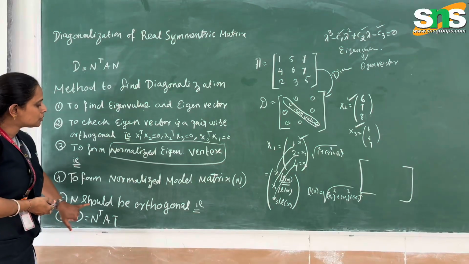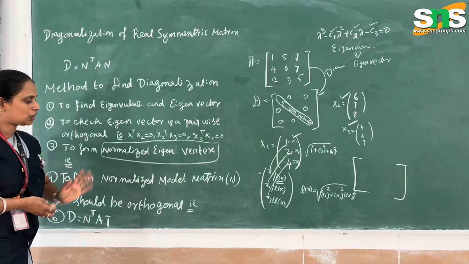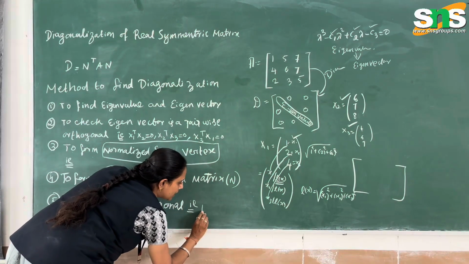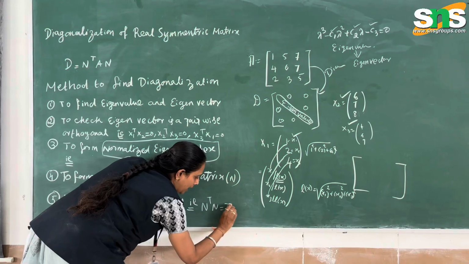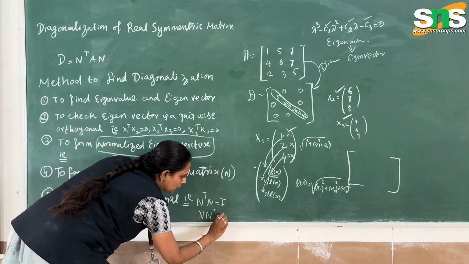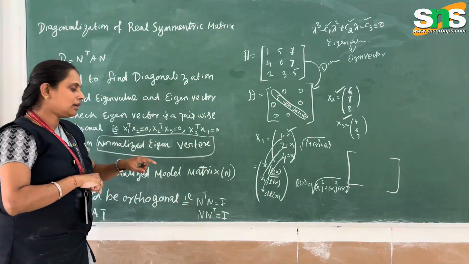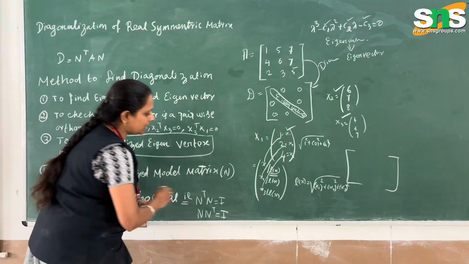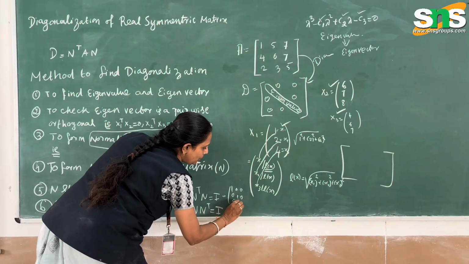Then N should be orthogonal, so we have to check whether N is orthogonal or not. How can we check? N transpose N equal to I, and similarly N N transpose equal to I. If we know the N value and multiply by N transpose, we get the answer 1 0 0, 0 1 0, 0 0 1.